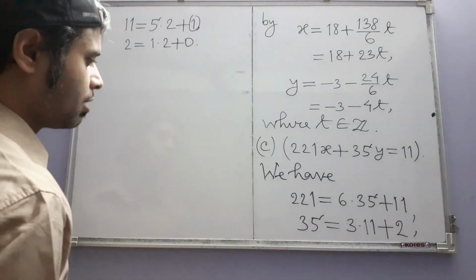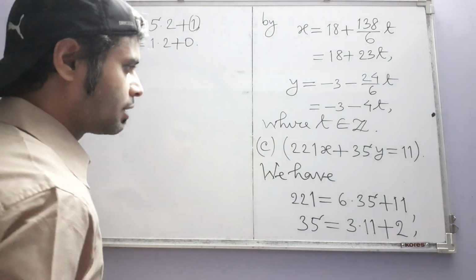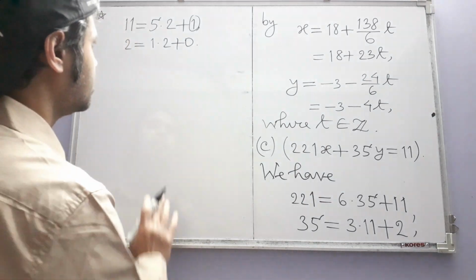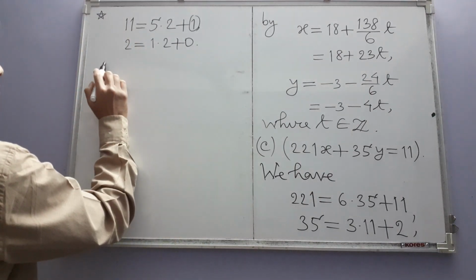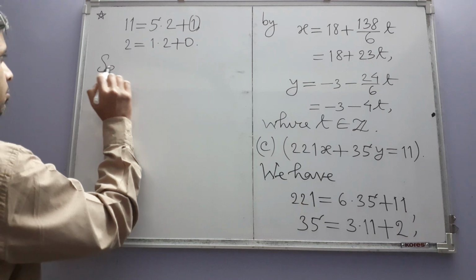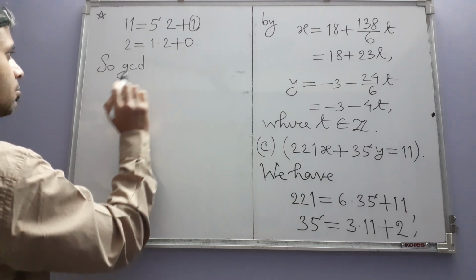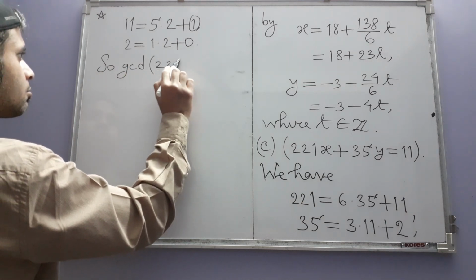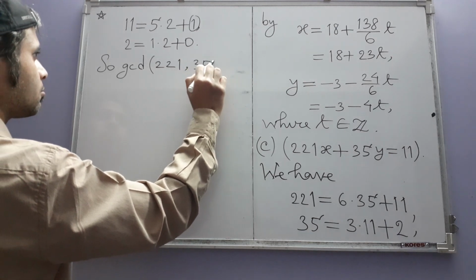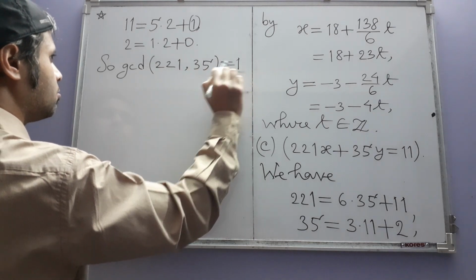So the GCD is 1. That means 221 and 35 are relatively prime to each other. So this is equal to 1.